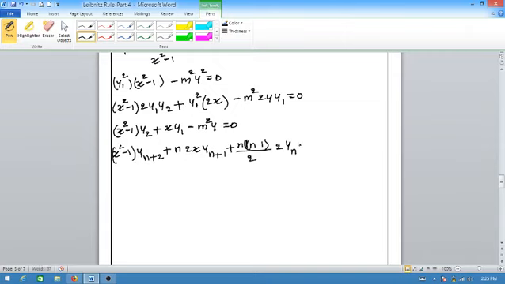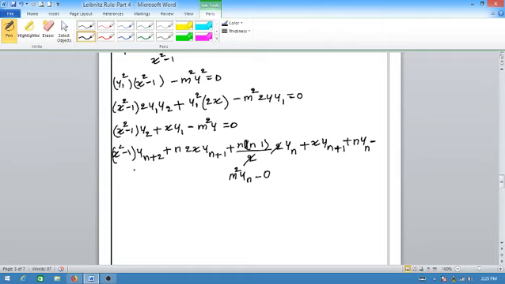Similarly second term plus x as it is, nth derivative of y1 is yn plus 1, right, plus nc1, n minus 1th derivative of y1 is yn, correct, then minus m square into nth derivative of y is yn is equal to 0. So here 2 gets cancelled, right.